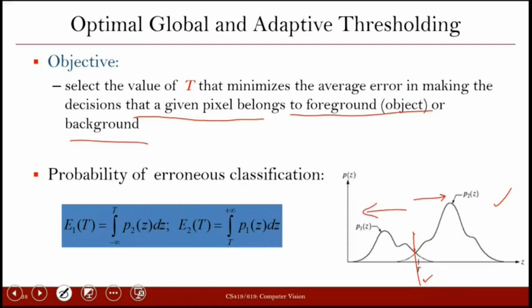Now, all the pixels in this plot which are falling in this area, though they belong to the background because they are falling below this PDF, because the threshold is being placed here, are termed as foreground.